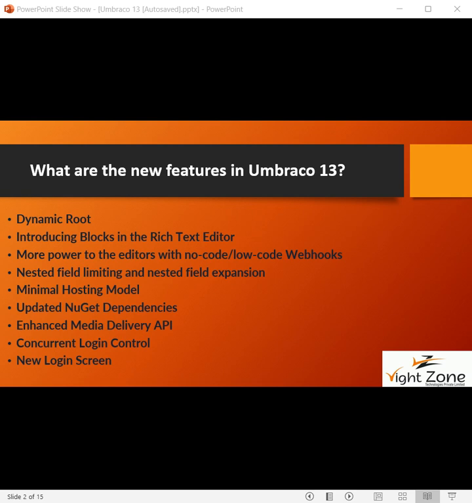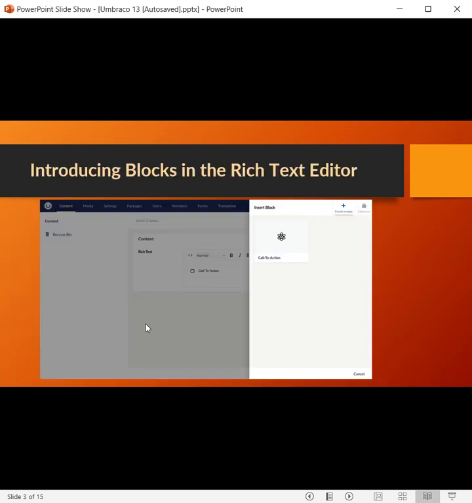The second is introducing blocks in the rich text editor. As an alternative to macros, we have the option to use blocks known from block list and block grid in the rich text editor, which allows for a more structured and dynamic content creation experience.